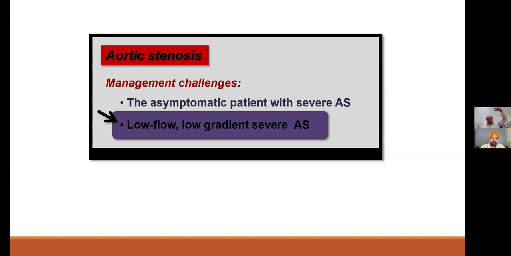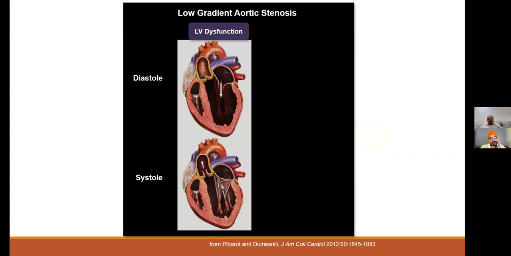And severe aortic stenosis means you have severe aortic stenosis, but it is not manifesting in the form of increased gradient. So there are 2 types. One is with LV dysfunction. I showed you an example earlier of that lady where we did the dobutamine stress echo, and we documented an increase of gradient and fall of aortic valve area.